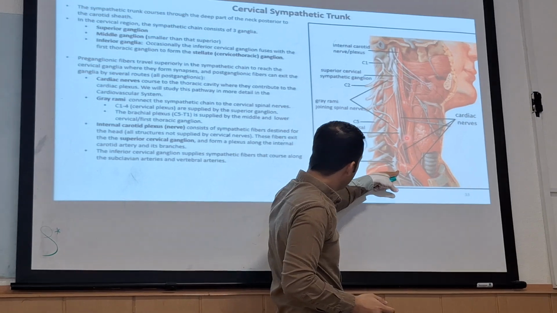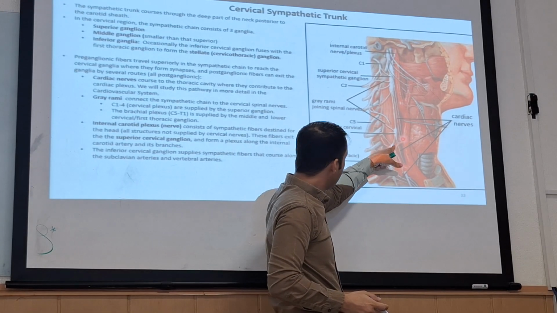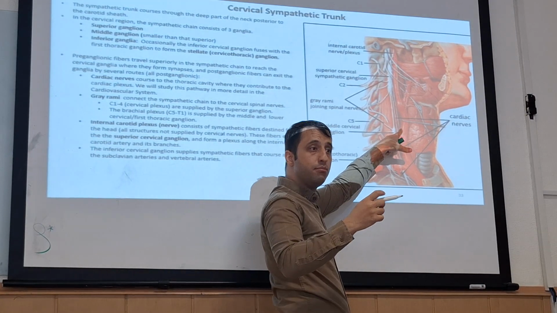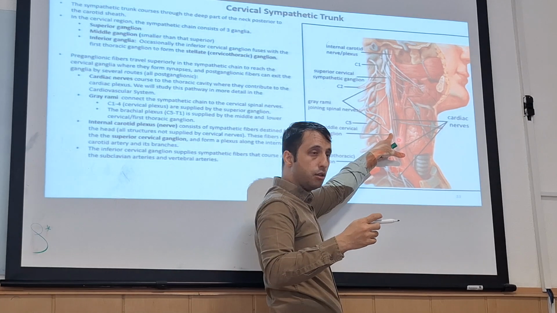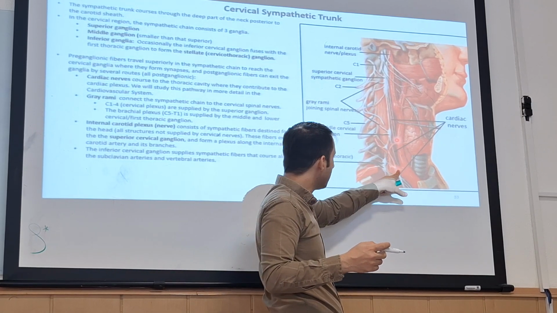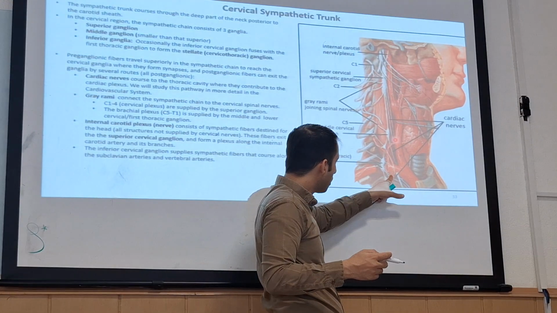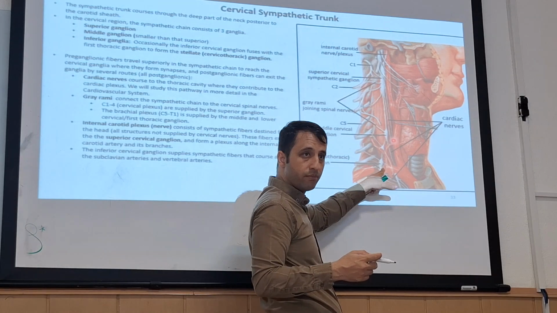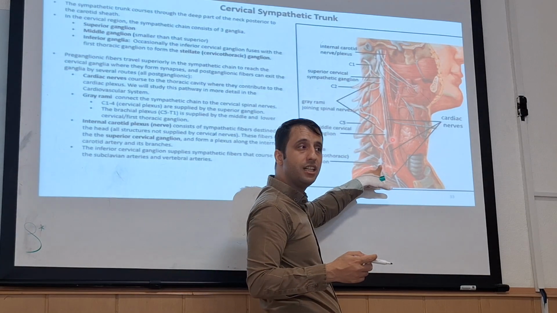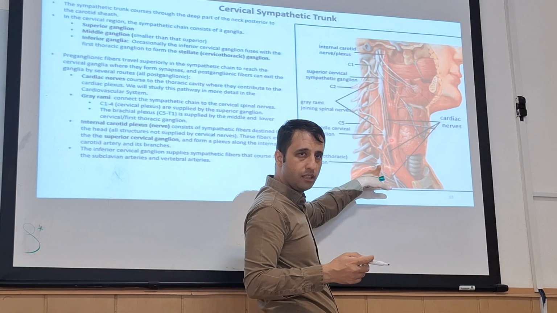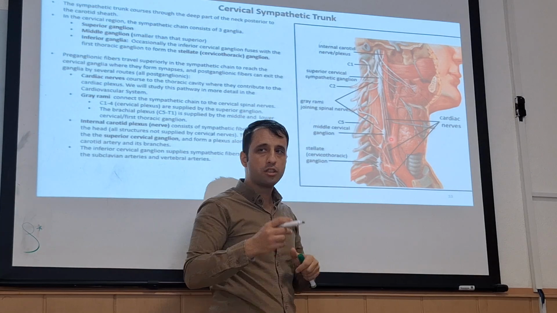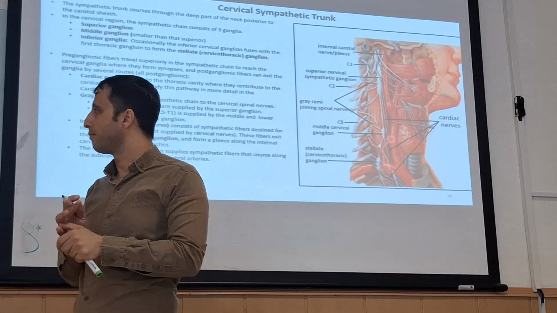Can you see? Ansa subclavian is a fiber of the middle cervical ganglion which travels inferiorly, runs around the subclavian artery to arrive at the stellate ganglion. Okay? It is named ansa subclavian.